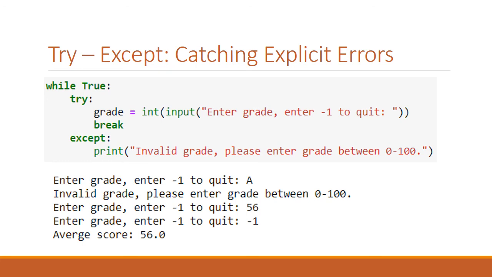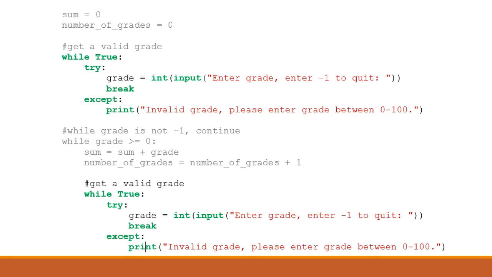Here's an example of modifications that I made to our calculate grade average program to ensure that an unhandled exception isn't thrown. So for the initial read of a grade, I included that while loop so that we make sure that the first grade that's entered is a valid grade. And then we have to continue adding grades.